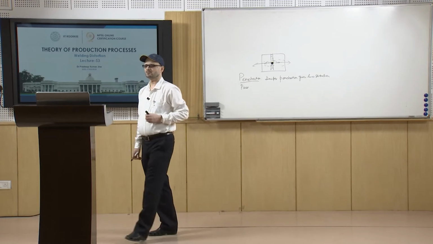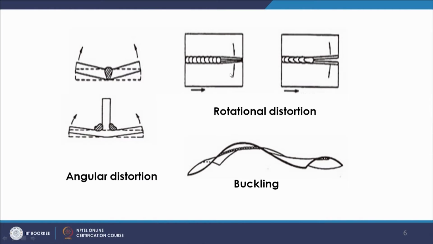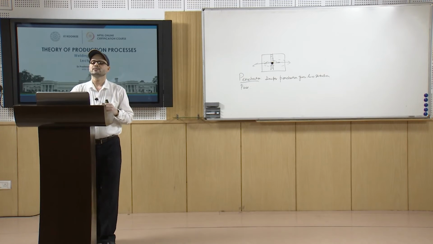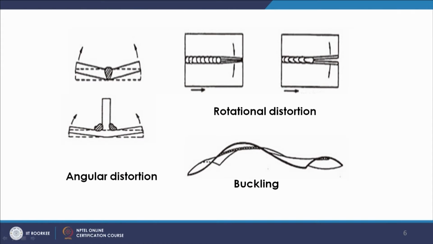Next type of distortion is the rotational distortion, as you see here. This is the example of rotational distortion. Now, this is observed ahead of the point of the welding, and when you are doing the butt welding of the sheets, many a time you see that these sheets either come closer to each other or the distance between them is widened.